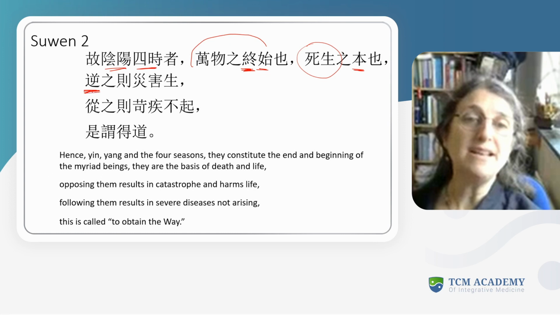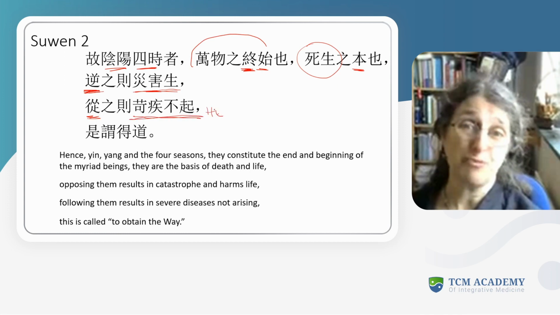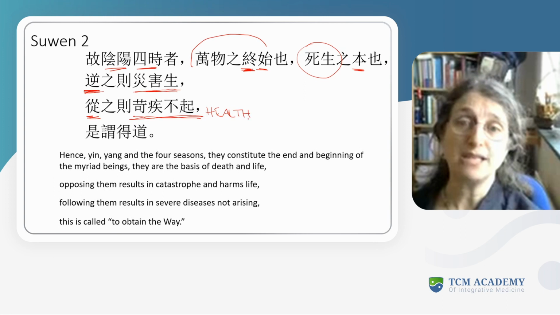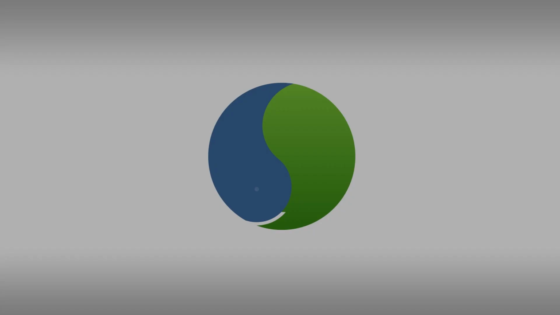Opposing them, going against them, brings terrible things, catastrophe, and harms life. But following them, going with them, results in severe diseases not arising. That's called health. You know, they love their double negatives here. So if you follow them, you stay healthy. This is called to obtain the way. And here we're using the Tao in that sort of Tao-y way.